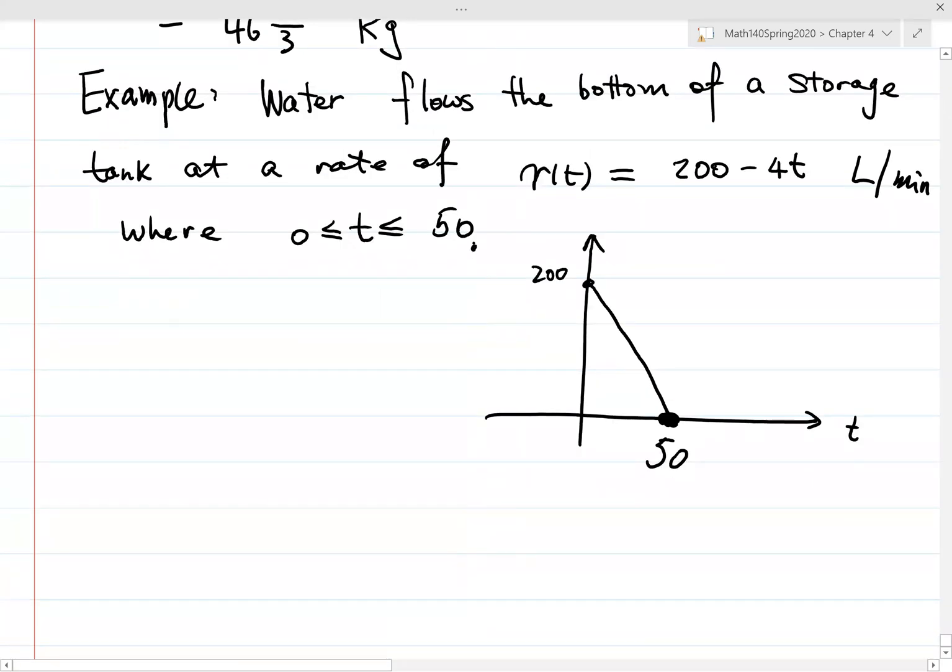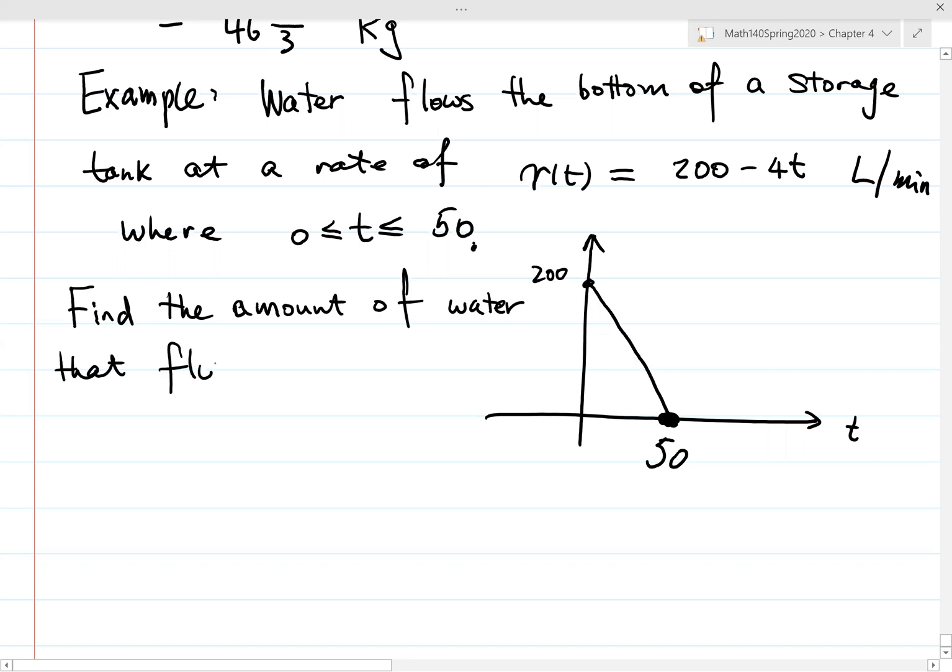So the question is: find the amount of water that flows from the tank during the first 10 minutes.